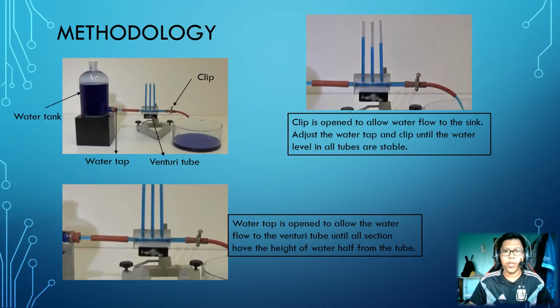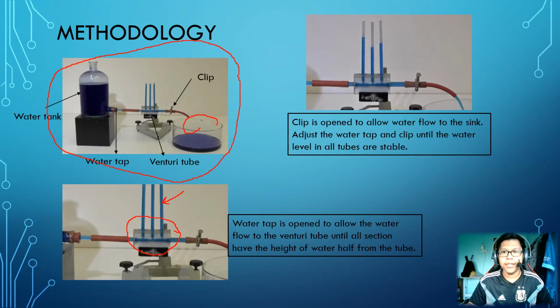Moving on to the methodology part, the experiment was set up as shown in this figure here, which consists of a water tank, water tap, venturi tube, clip, and also the sink here. Firstly, the water tap is opened to allow the water to flow to the venturi tube until all the sections have the head of water from the tube.